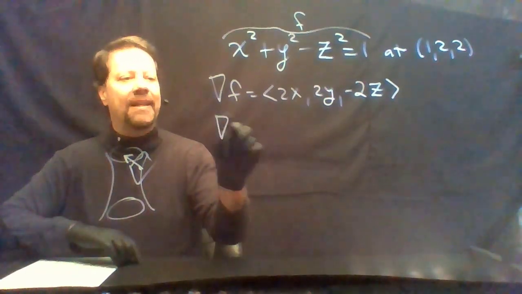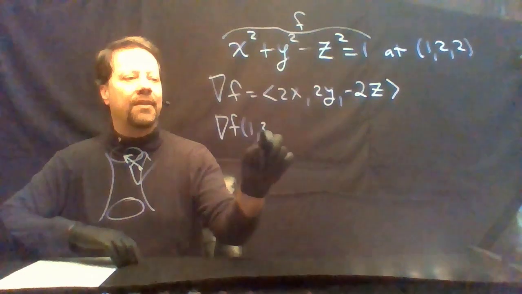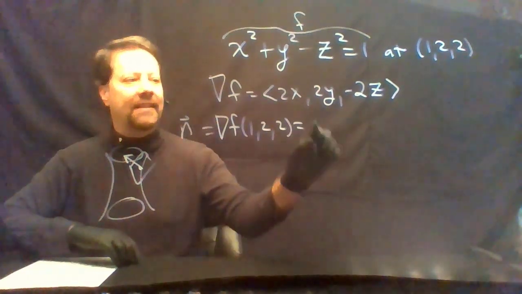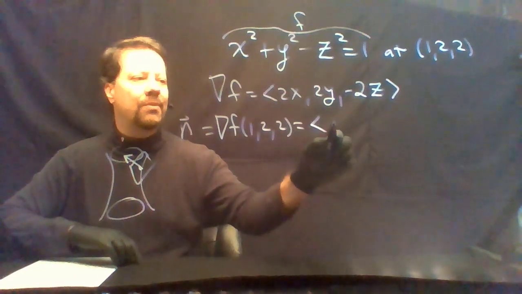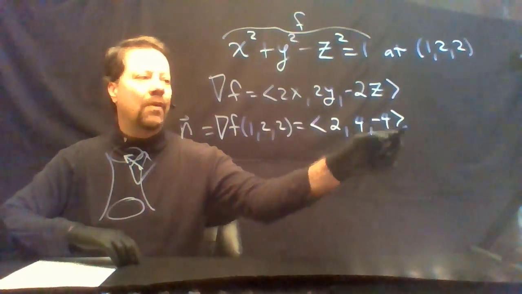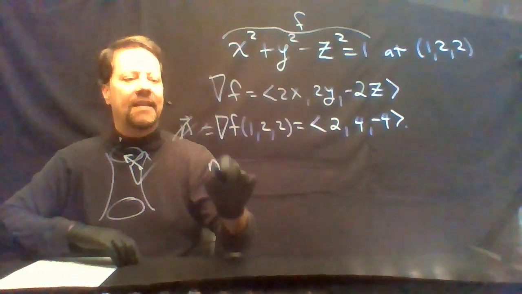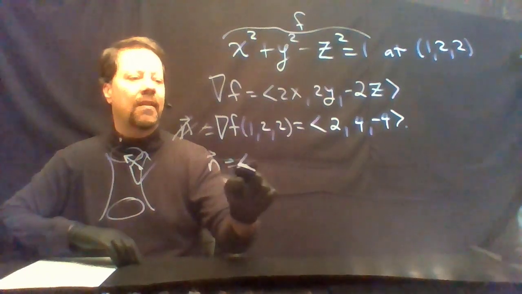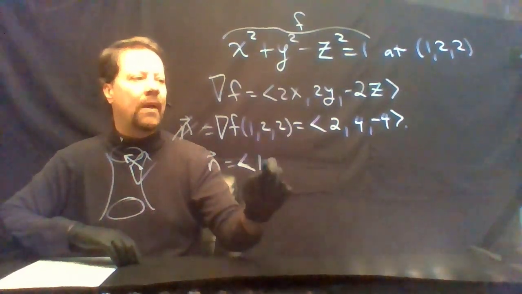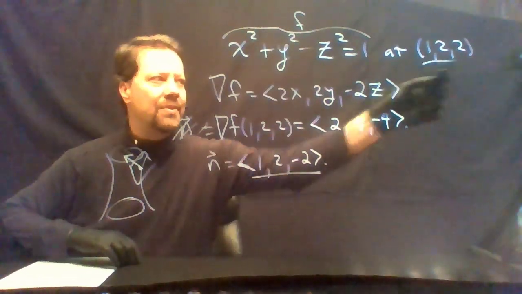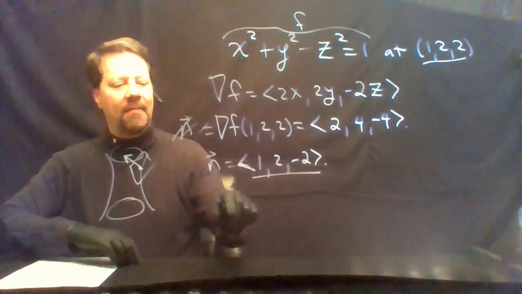If we evaluate that at the point (1, 2, 2), we will have our normal vector. At (1, 2, 2), we'll have (2, 4, negative 4). Actually, I'm going to take my normal vector to be a rescaling of this. It'll be the vector (1, 2, negative 2), and I will use this as my point.